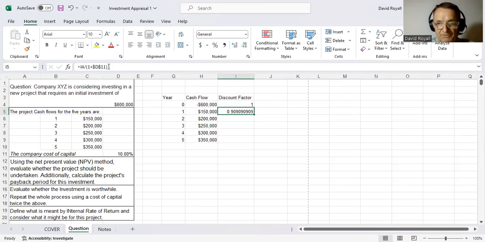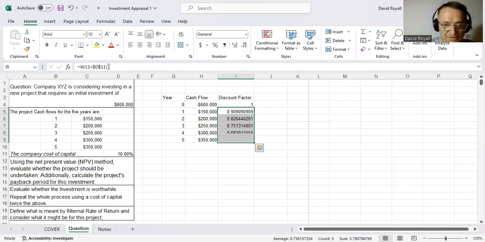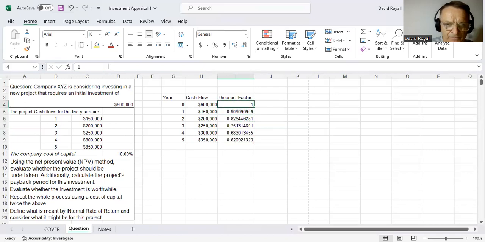Unless you're an expert on spreadsheets, I won't go into that in great detail, but I'm going to replicate this all the way down. And we can see that each year, that $1 is worth less and less and less. Okay, so what I'm going to do is I'll display this to a number of decimal places.